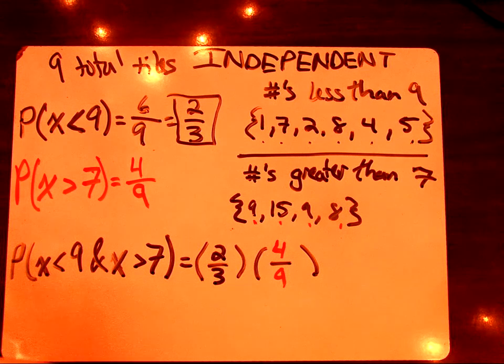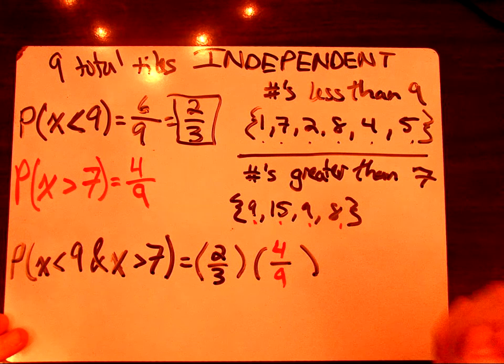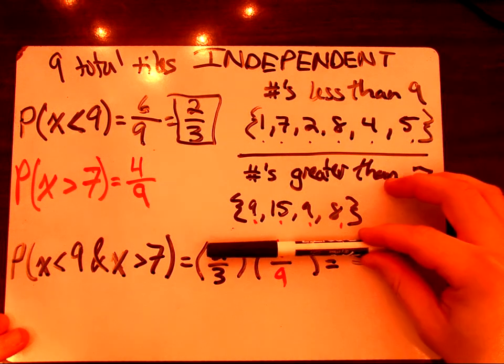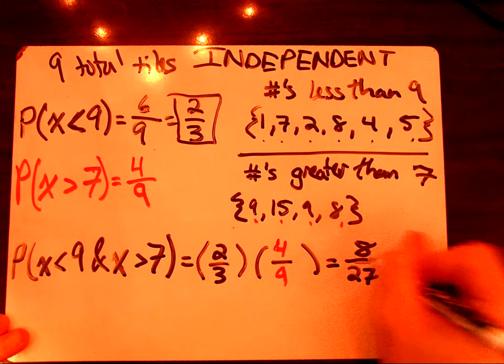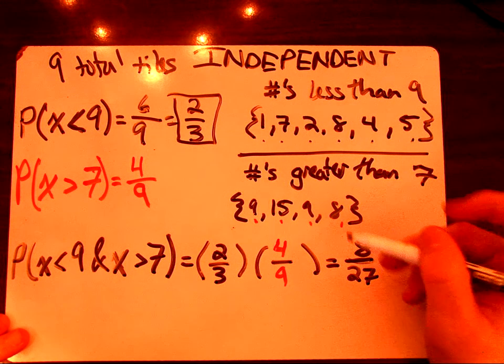Multiply those numerators together: 2 times 4 equals 8, and 3 times 9 equals 27. Since there's no common factor between 8 and 27, we know that this is the simplest form.